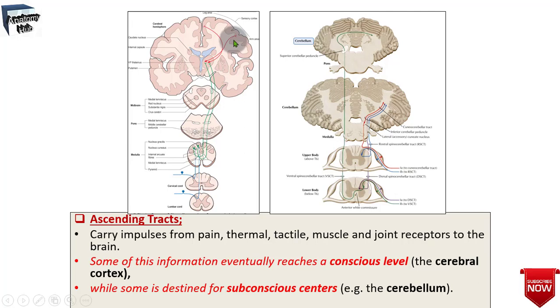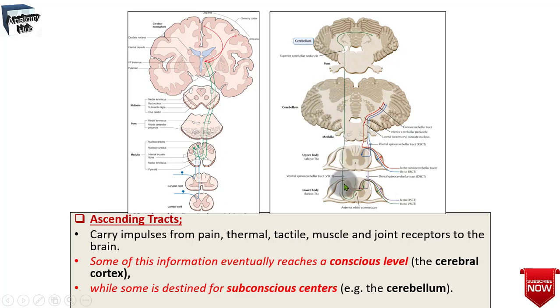Conscious information means it should reach the cerebral cortex, whereas unconscious information should reach the cerebellum, right?